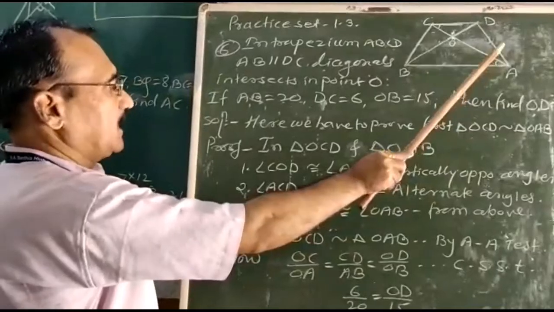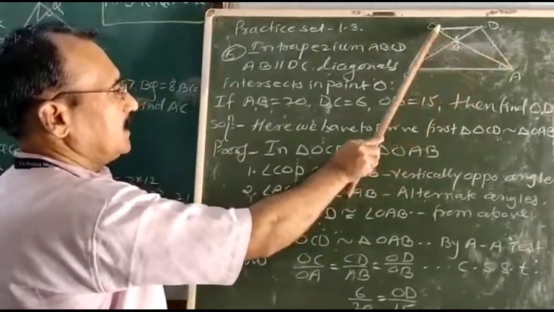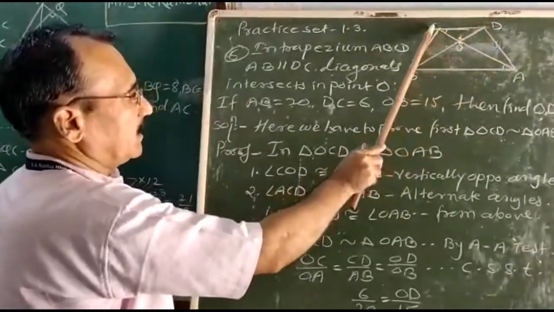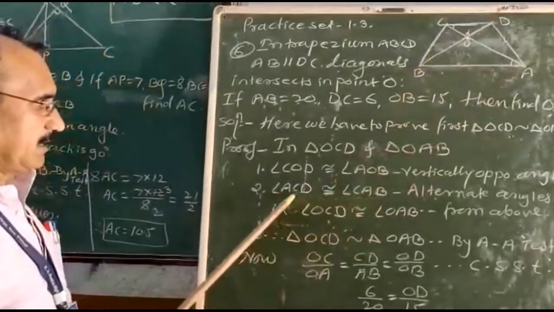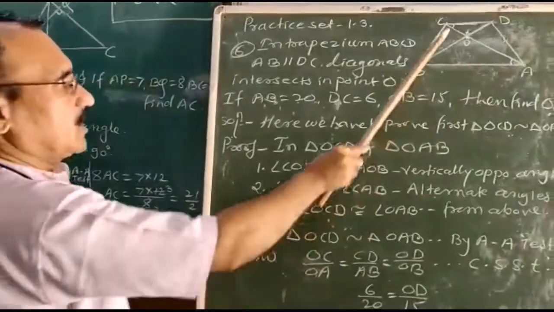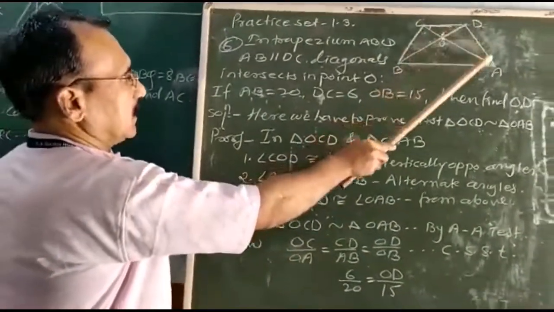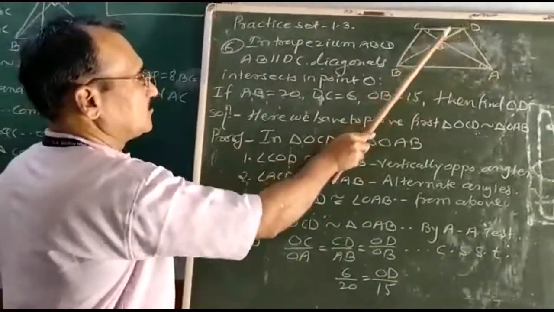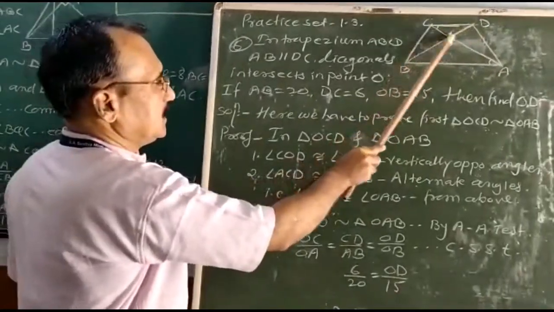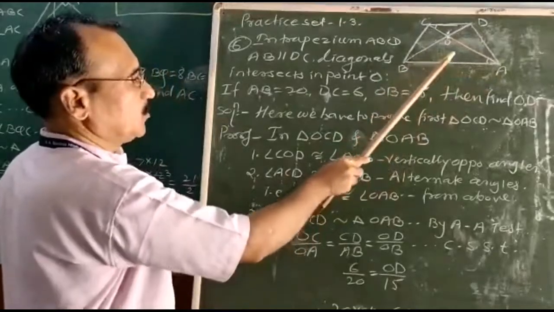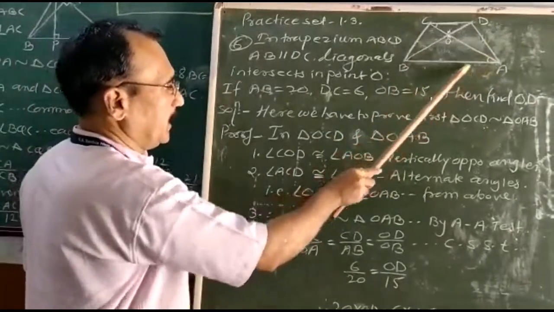And therefore here we write angle ACD is congruent to angle CAB, alternate angles, and that is for our triangle ACD, meaning for this triangle OCD. Then CAB means for this triangle OAB.